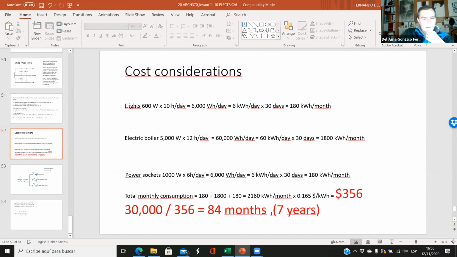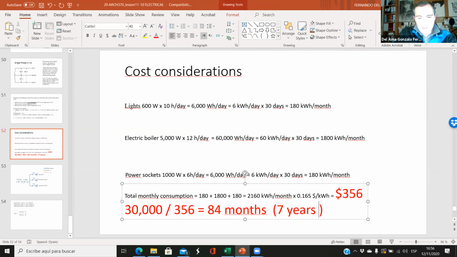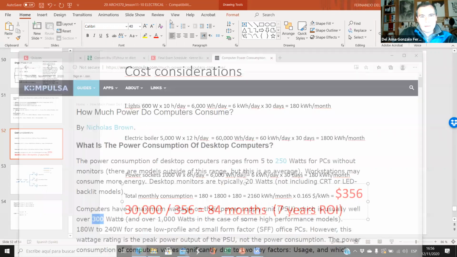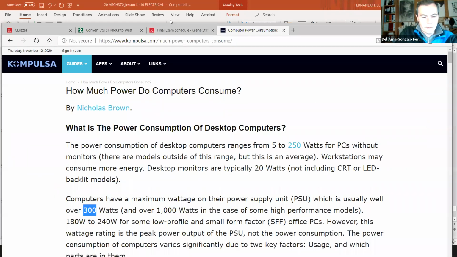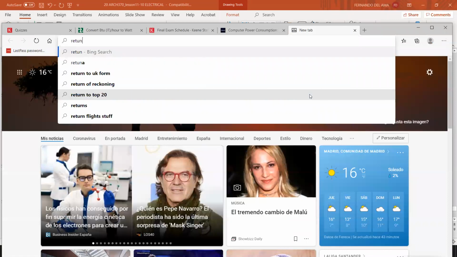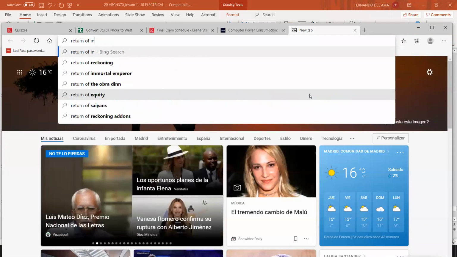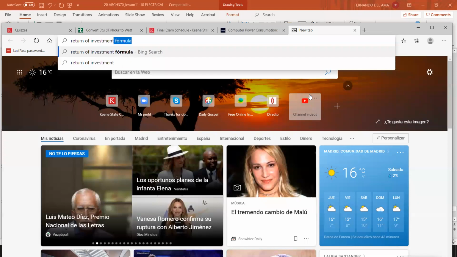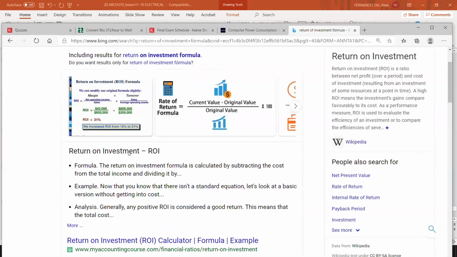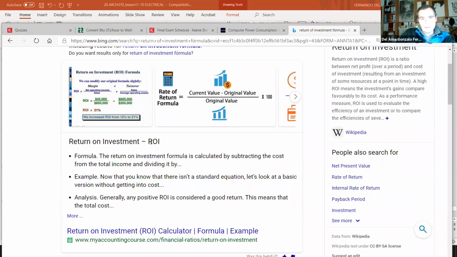So this 7 years, this is the ROI. That stands for return of investment, ROI.